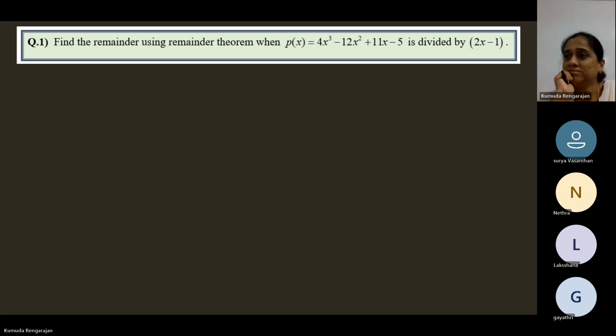Correct. Rahul, it is using the remainder theorem. I saw you doing the long division procedure.